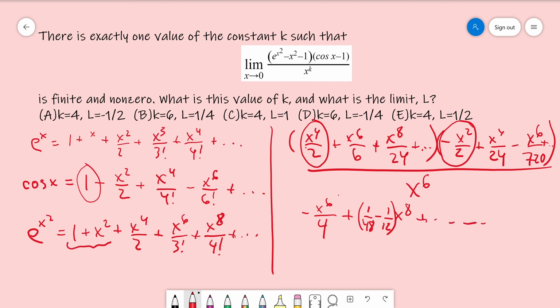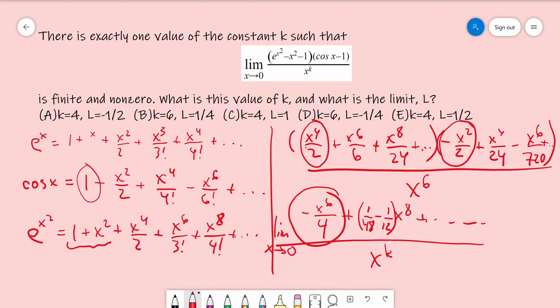But the important thing to look at is this leading term, negative x to the 6th over 4, because when you divide this whole thing by x to the k and take the limit as x goes to 0, if k is less than 6, then, let's say k was 5, the x to the 5th is just going to cancel out of all the terms from the numerator, and you're going to end up with a leading term of negative x over 4, and as you take the limit as x goes to 0, all these terms are just going to zero out.